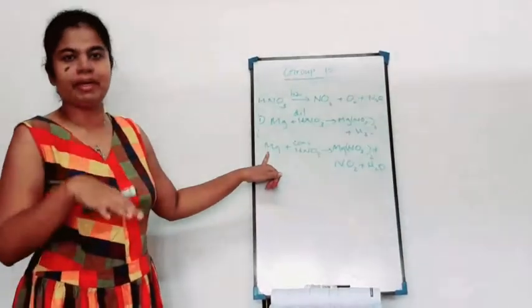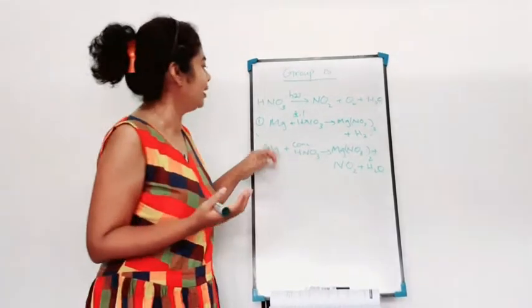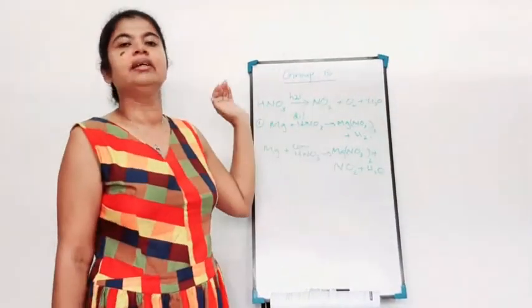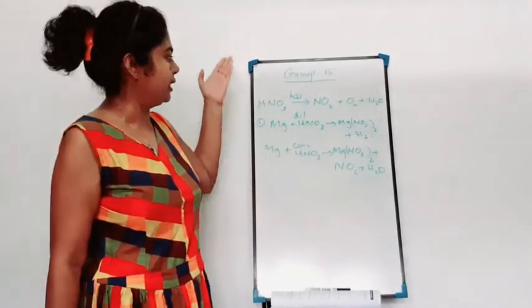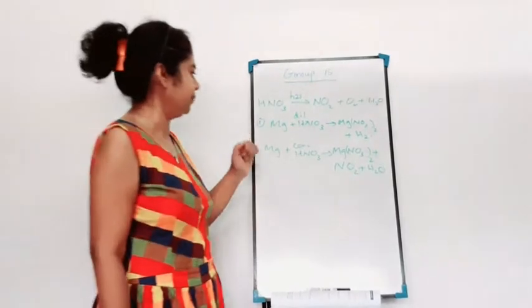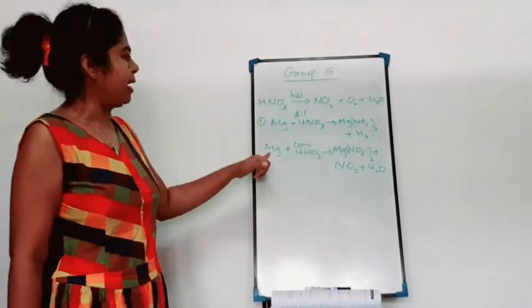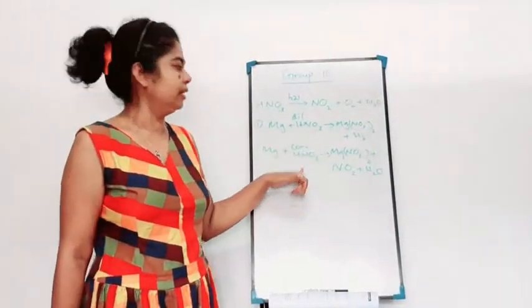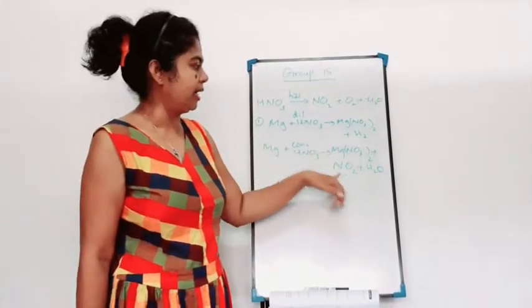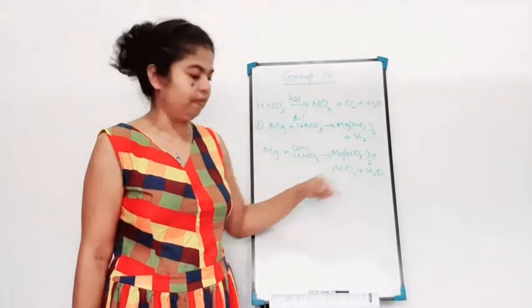You have to memorize this, there is no other method. So magnesium with dilute HNO3 is the normal metal and acid reaction we learned earlier. Magnesium and concentrated HNO3 is different: magnesium nitrate, nitrogen dioxide and water.